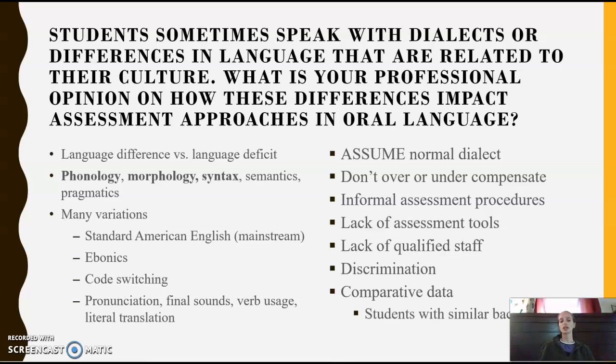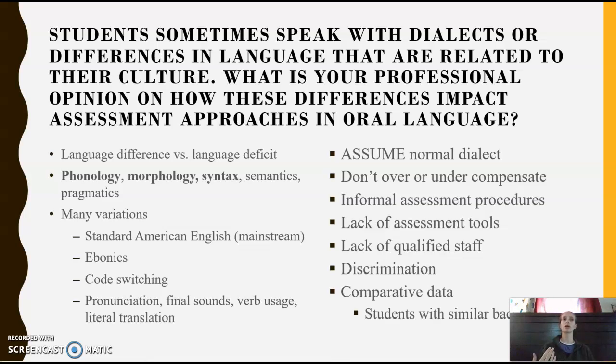Phonology, morphology, and syntax are the three that are studied the most because it's just kind of how we speak, what we're saying, the English speaking or the English language rules, things like that. So when we are assessing these students, we want to assume that they have normal dialect. We want to assume that there are no speech issues that we should be working with.